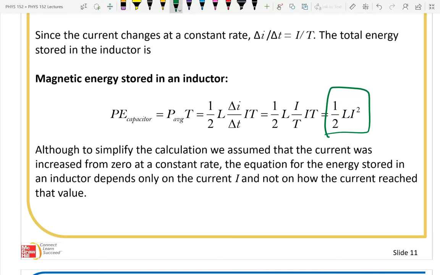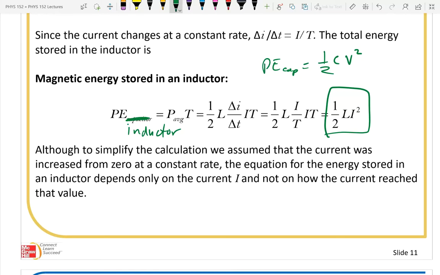Remember, for a capacitor, what was the relation? Look, I had the word capacitor instead of inductor there. For a capacitor, what was the relationship? It was 1/2 CV squared.